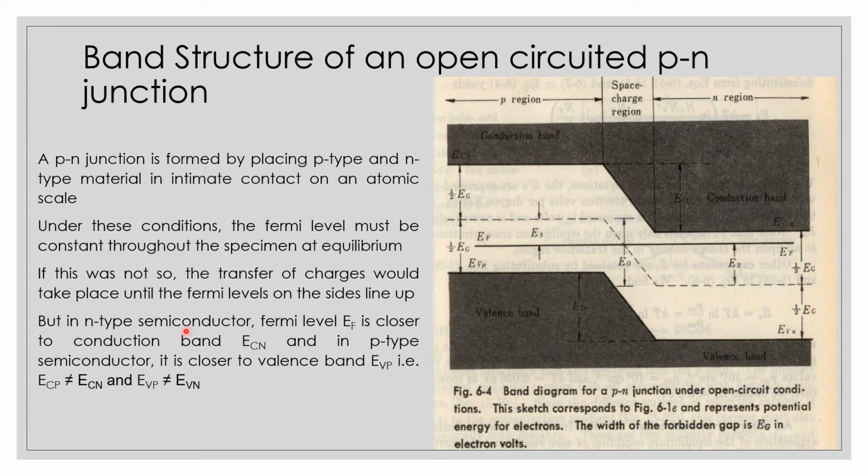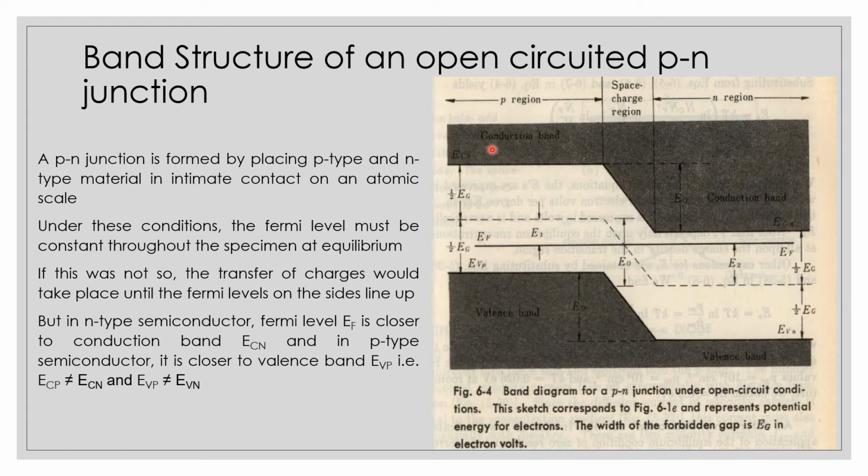But in N-type semiconductor, the Fermi level EF is closer to the conduction band ECN. So this is ECN. And in P-type semiconductor, it is closer to the valence band EVP. This is EVP.